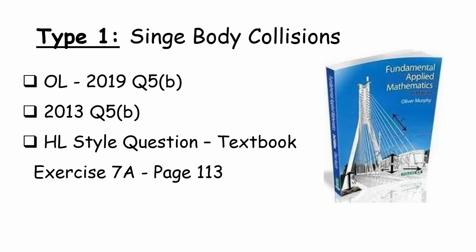The questions we're going to look at are the ordinary level question in 2019, question 5 part B, a higher level question in 2013, question 5 part B, and then a higher level style question in the old textbook, Fundamental Applied Maths 2nd edition, exercise 7A on page 113.